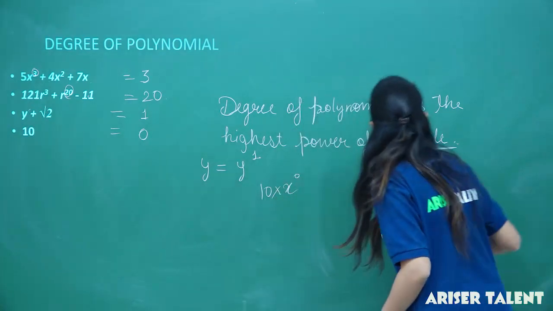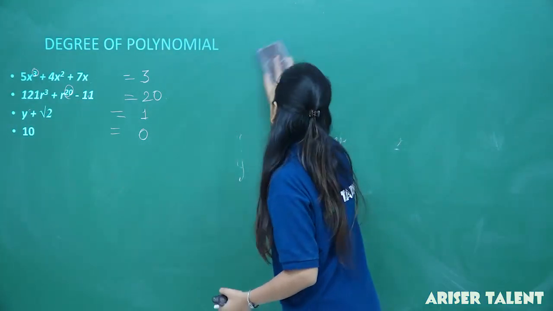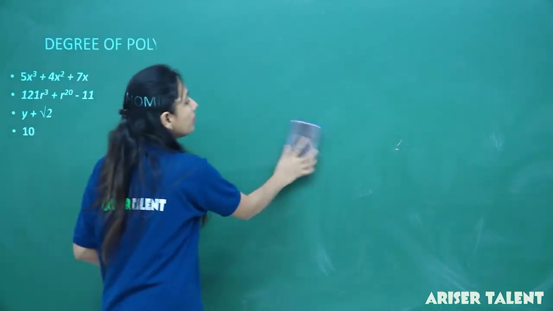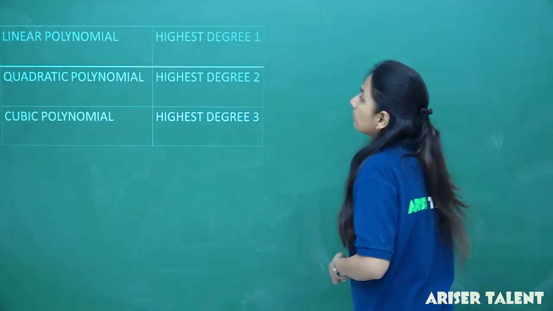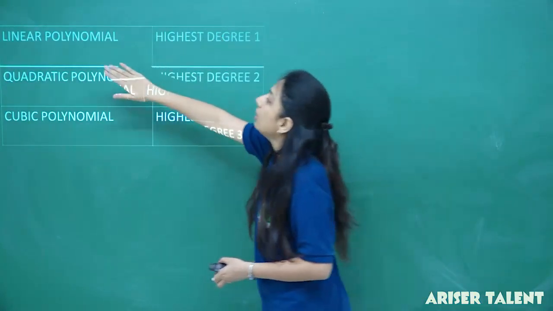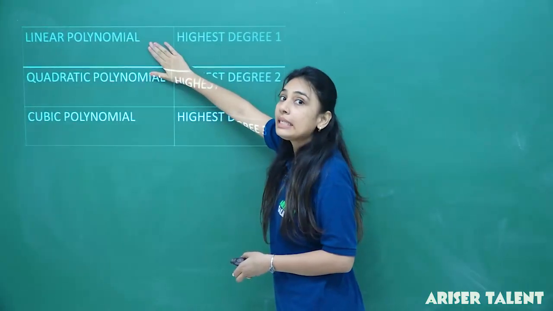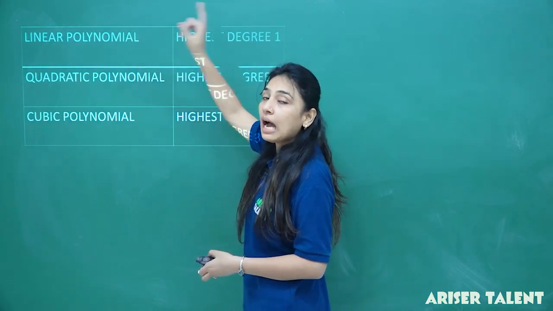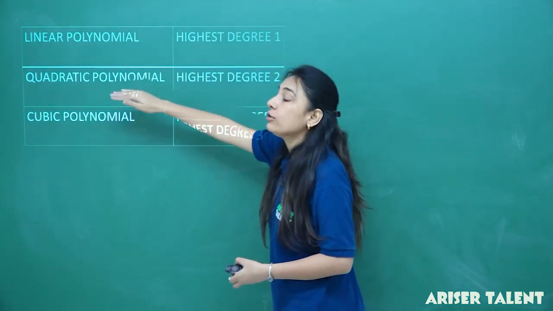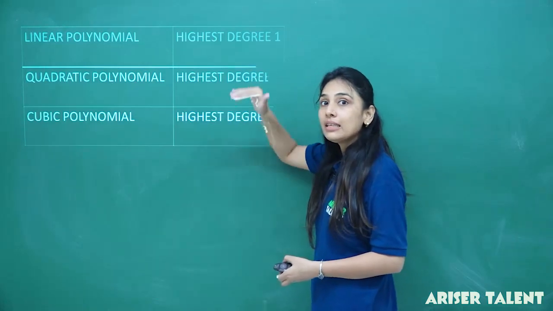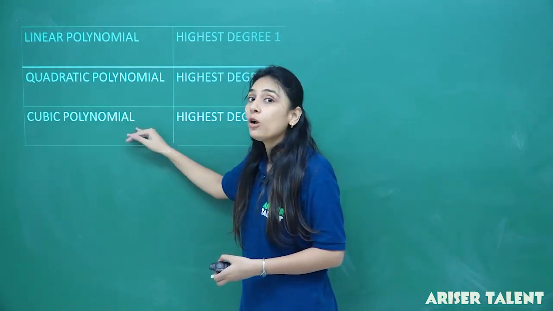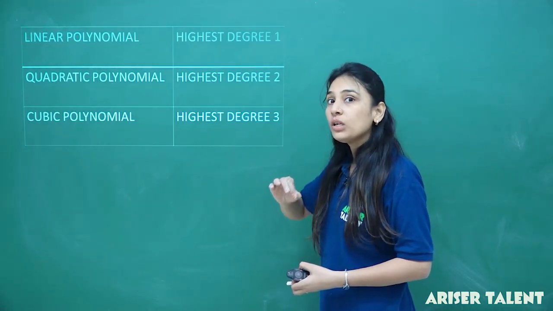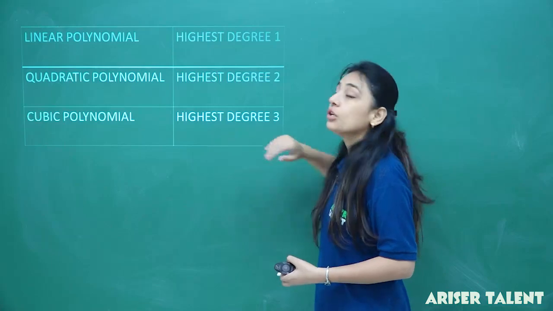Okay. Now we have studied the degree of polynomial. We call a polynomial linear if its highest degree is 1, quadratic if its highest degree is 2, and cubic if its highest degree is 3.